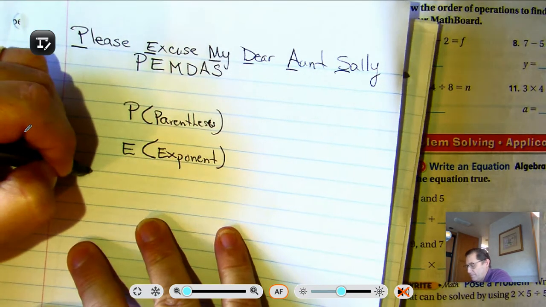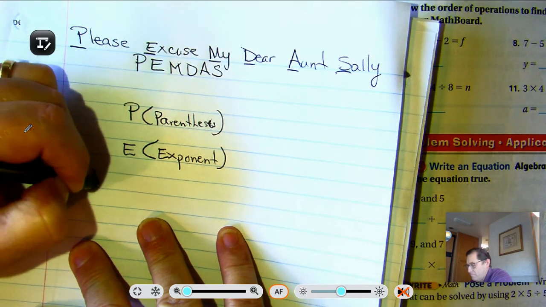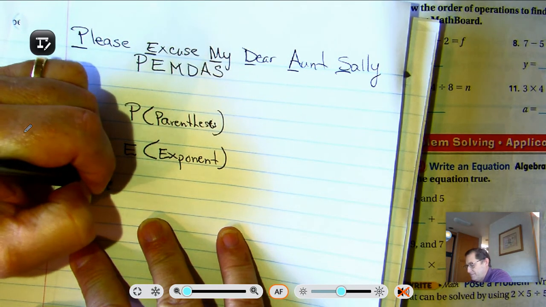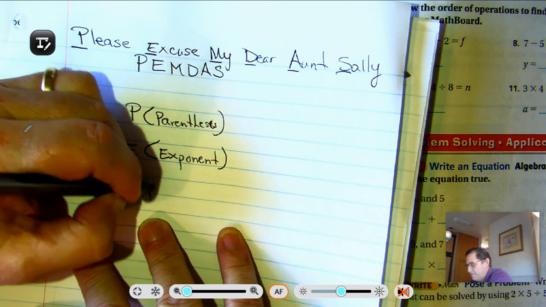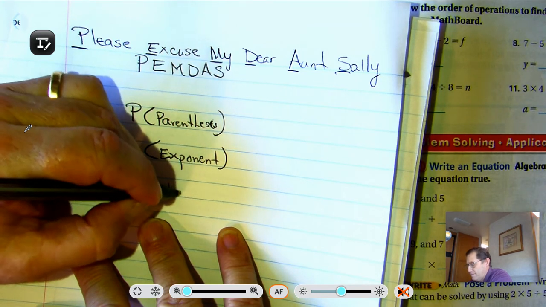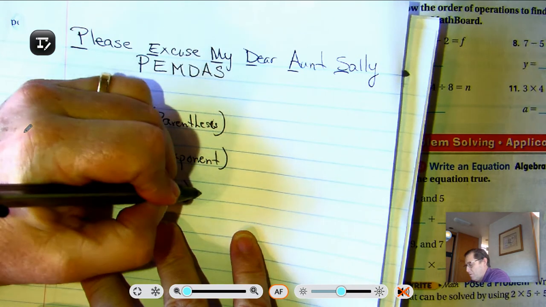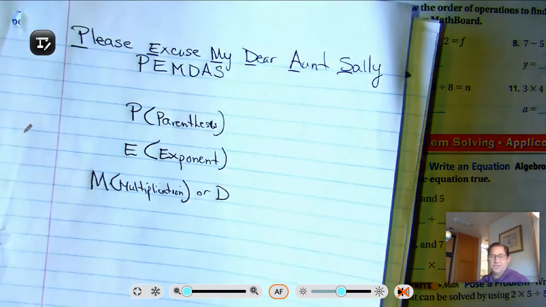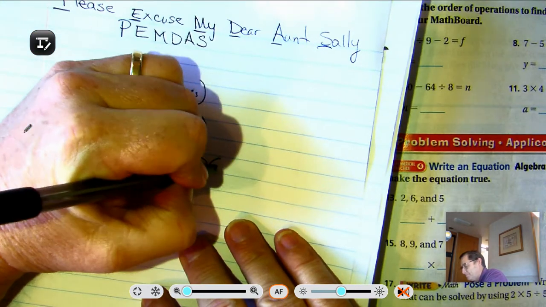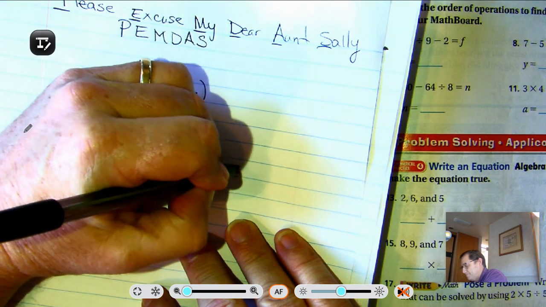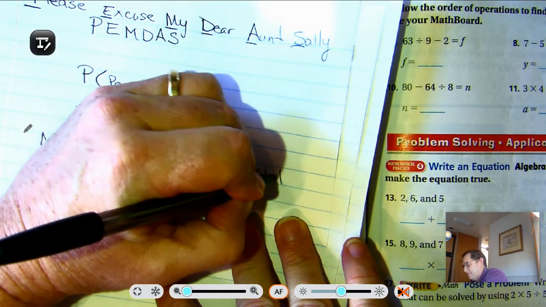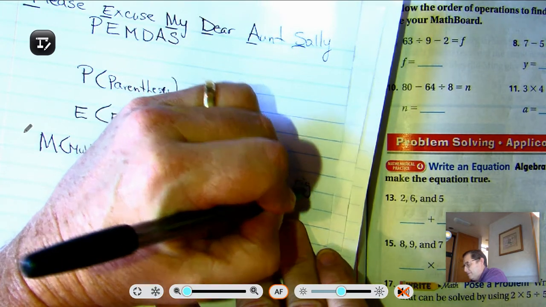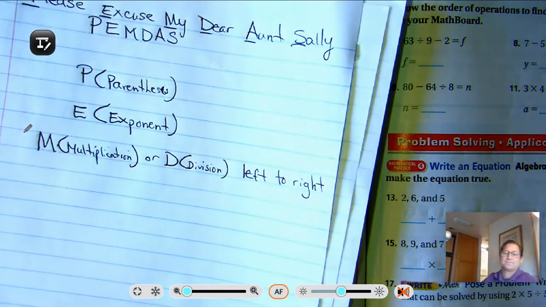Now on the next one, we're going to say multiplication or division, left to right.